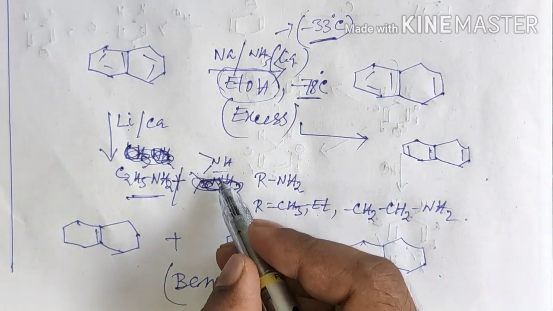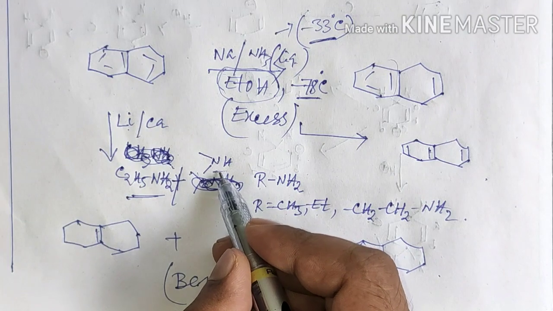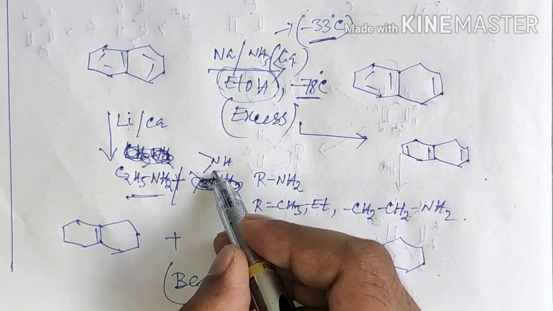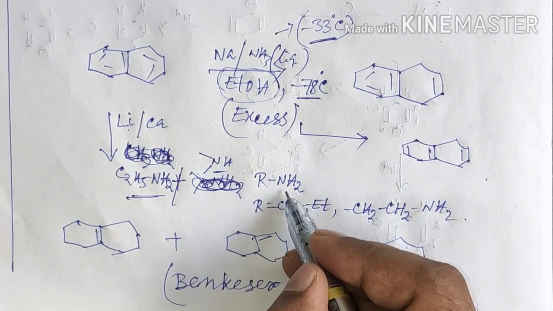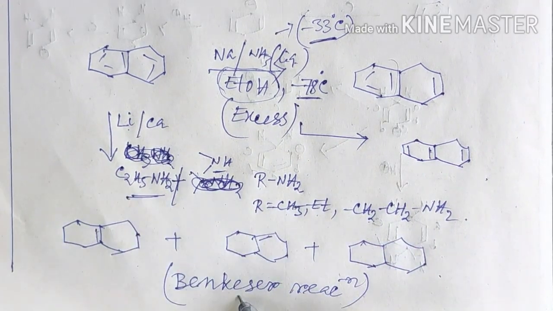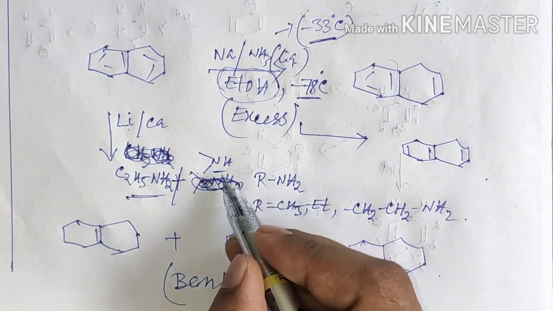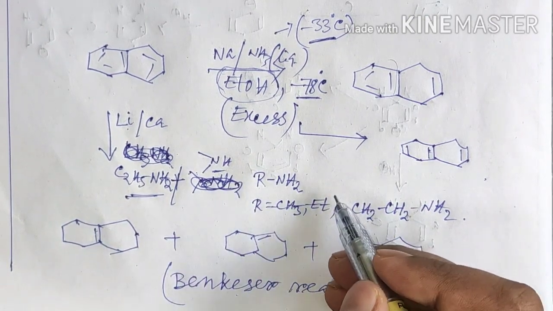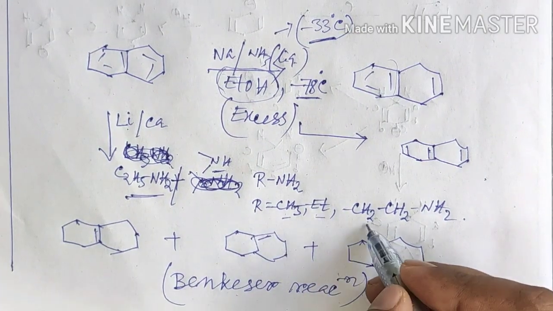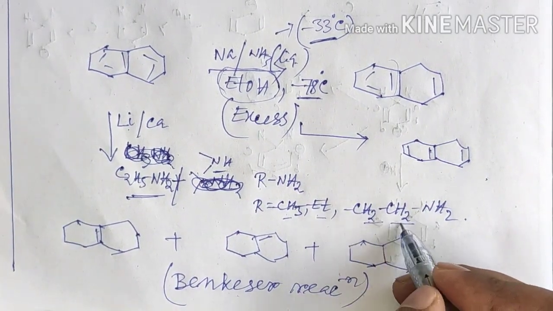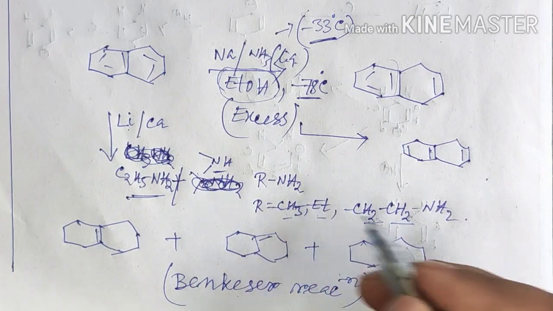Sorry, there is a mistake in the structure of dimethylamine. It will look like this. Generally, any low molecular weight amine can be used in this Benkeser reaction, which will act as a solvent as well as a proton source, where R can be methyl, ethyl, or a diamine of this type.